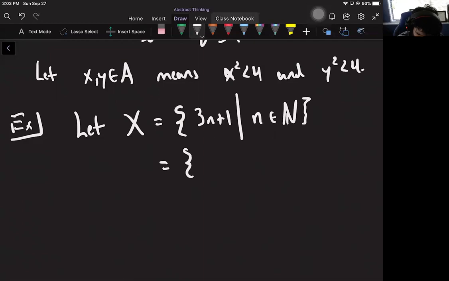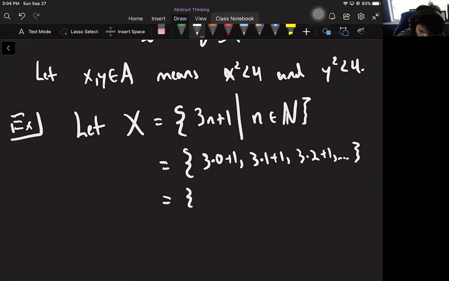If I just plug in 0, that'll get me one element in the set, and then if I plug in 1, that'll get me another, and so on. So this set consists of 1, 4, 7, 10, and something like that. The pattern is you just add 3 to get to the next one, and that's what this set really is.